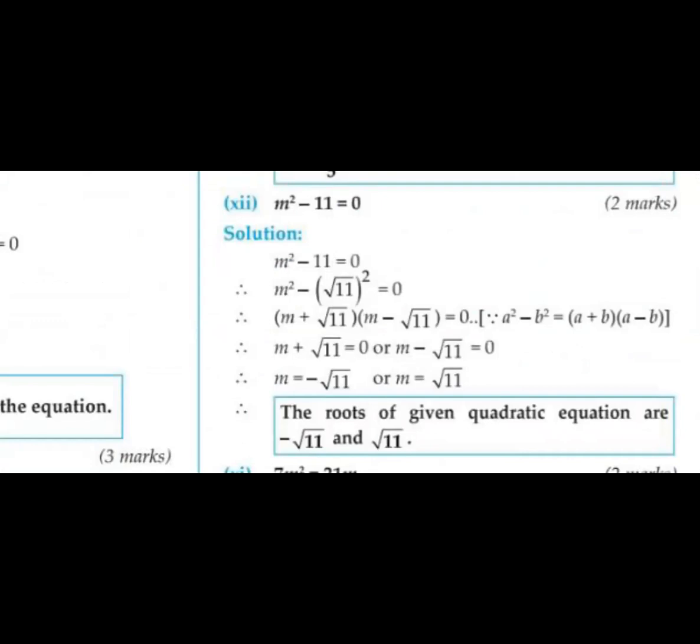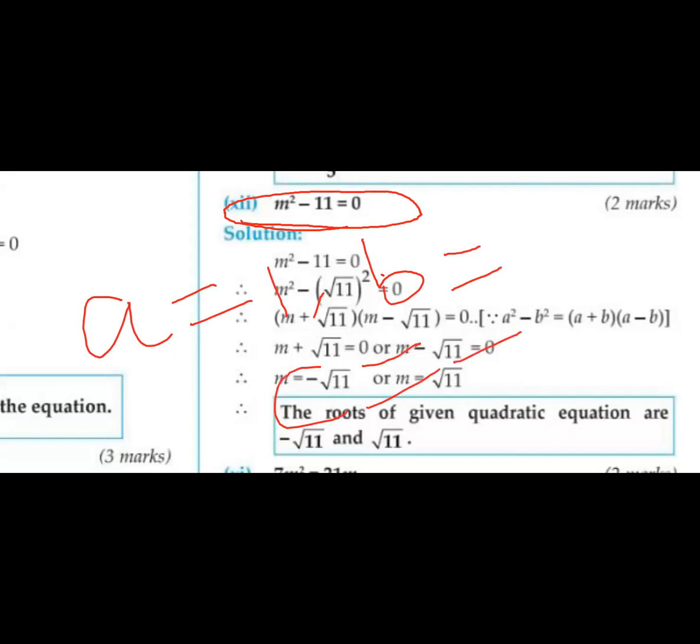This is your question. Here, if we are comparing, so A equals 1, B equals, I don't know what, C equals minus 11. Okay. So it should be clear. The coefficient of the first term is 1.